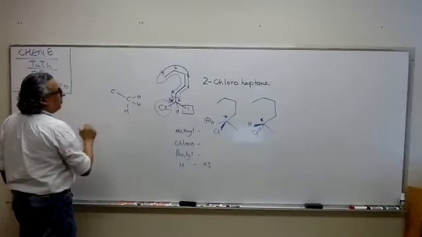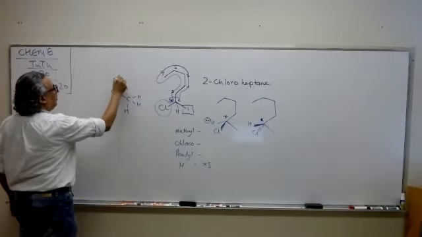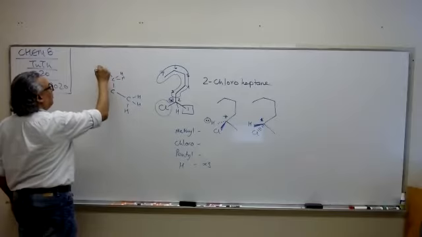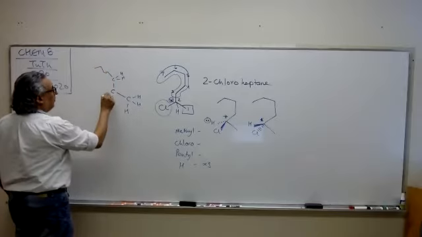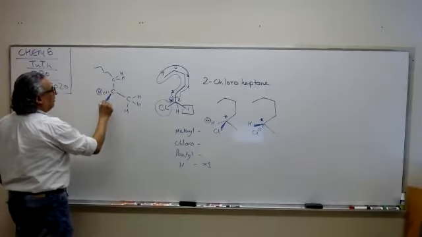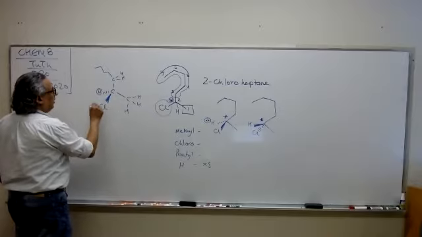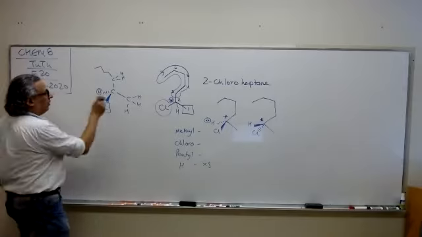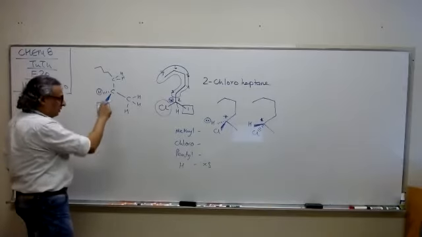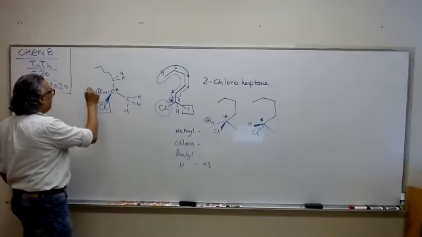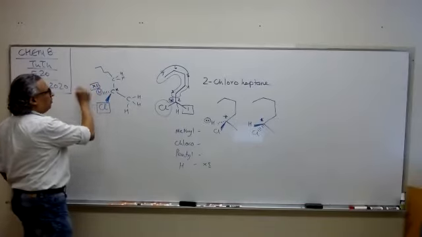Pentyl is one group: one, two, three, four, five. That's another group, this is one group, and this is chlorine. The first stop going from the chiral carbon is hydrogen. You know that's the smallest, extra small.